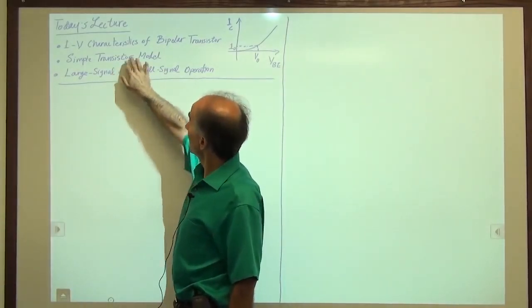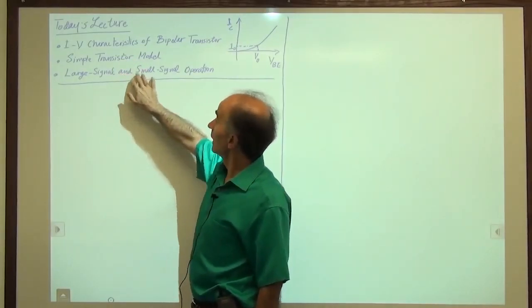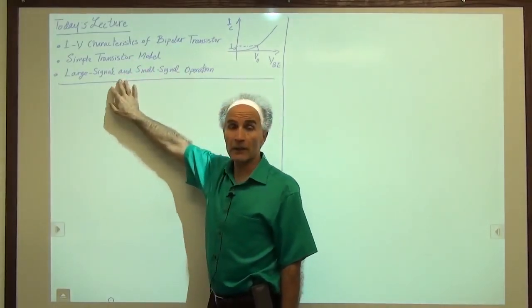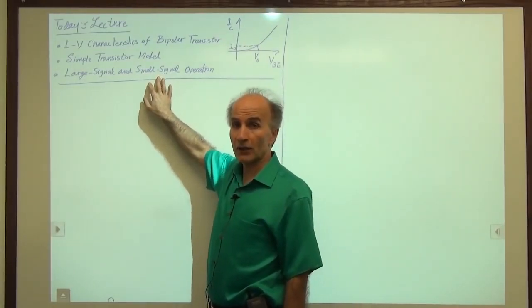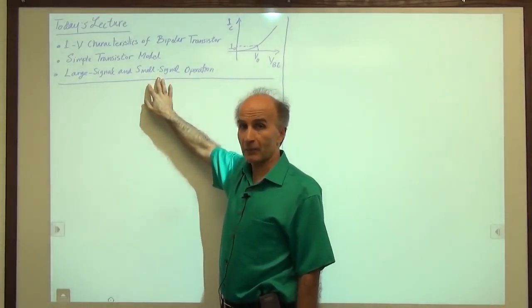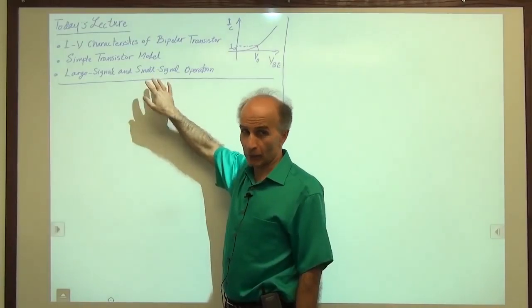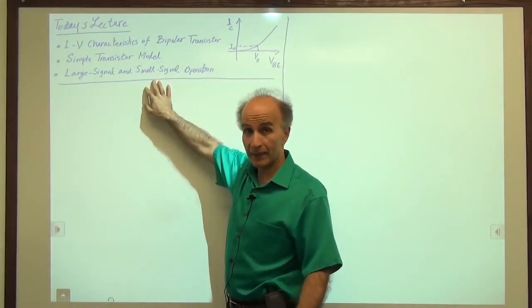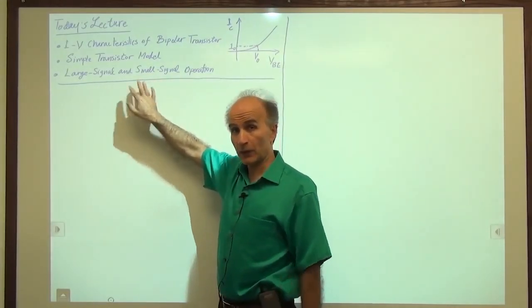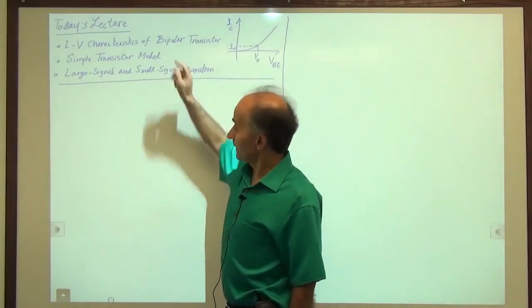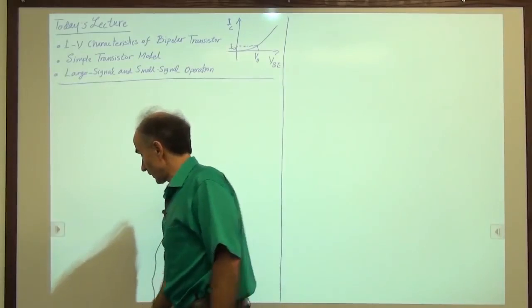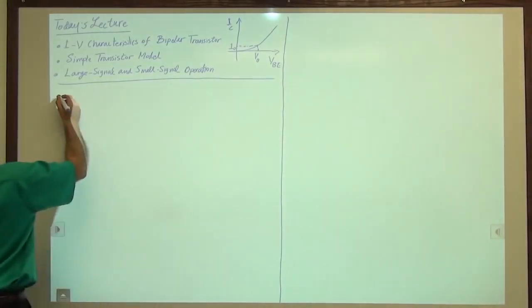And then from here, we naturally enter this type of distinction between large signal operation and small signal operation. We have to see what that means, why it is a big deal, and why we need to make that distinction. All right, so let's begin with a summary of the IV characteristics of bipolar devices.